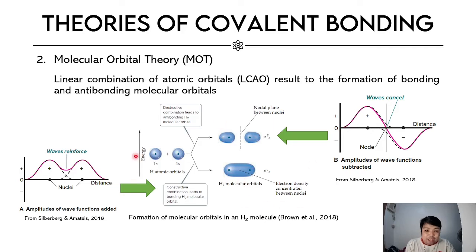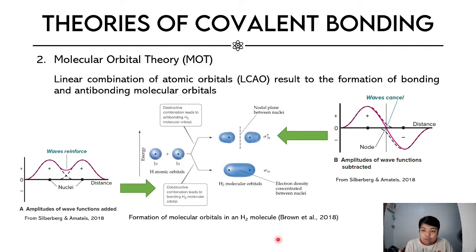Collectively, this is what we call a linear combination of atomic orbitals. And this linear combination of atomic orbitals again forms the low energy bonding and the high energy antibonding molecular orbitals.